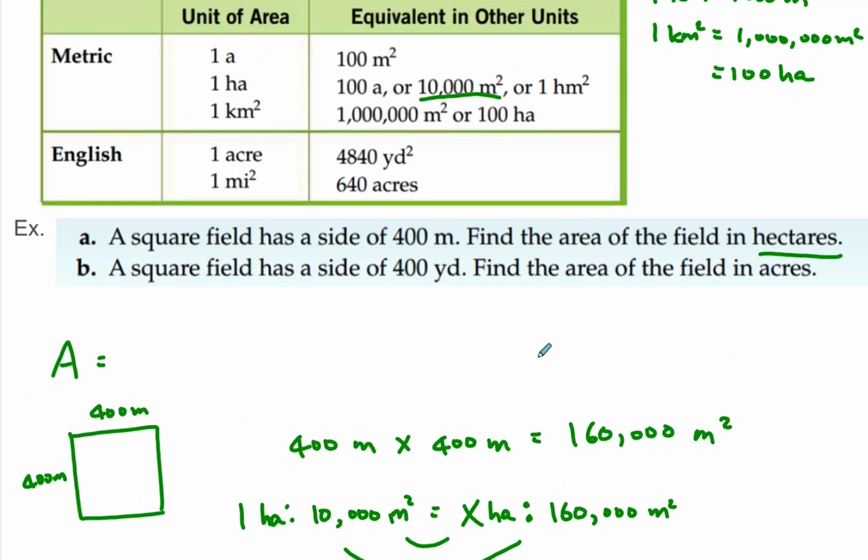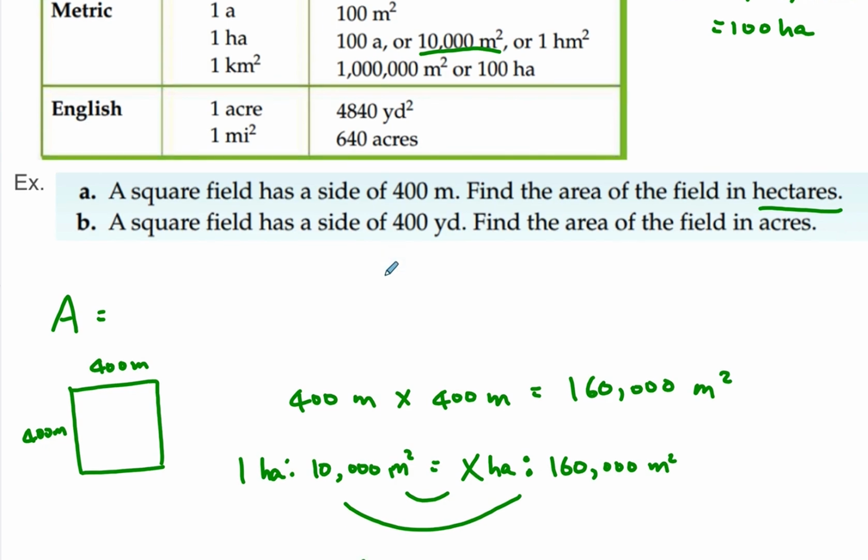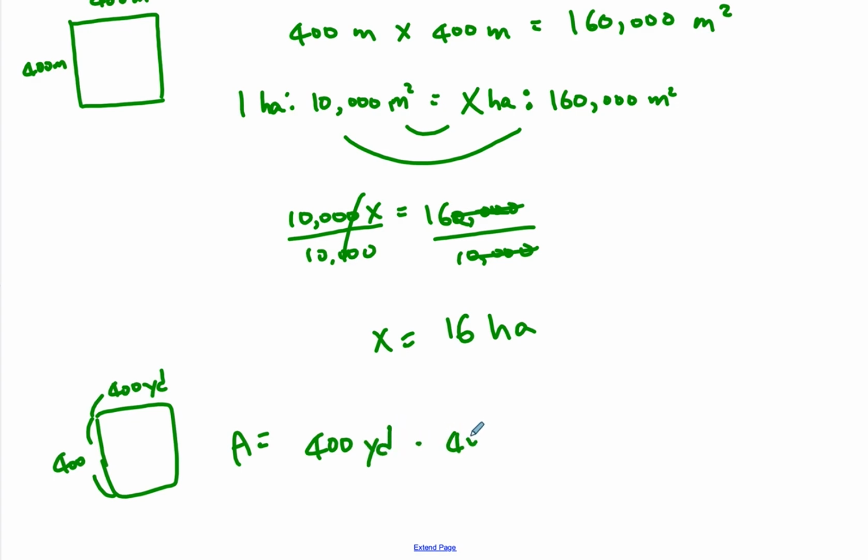The second question, again a square field has a side of 400 yards. Now instead of meter, you are given a square with 400 yards. So we know that the area will be 400 yards times 400 yards, and that is 160,000.